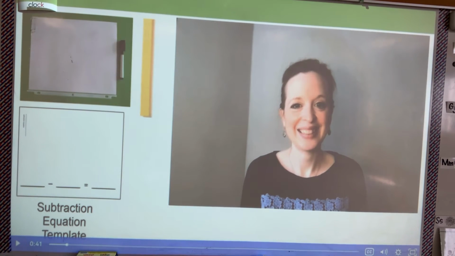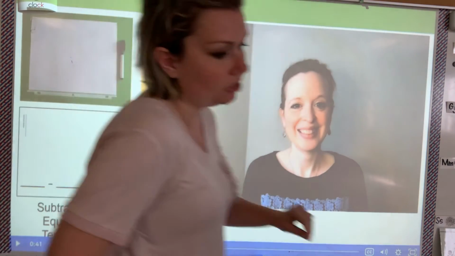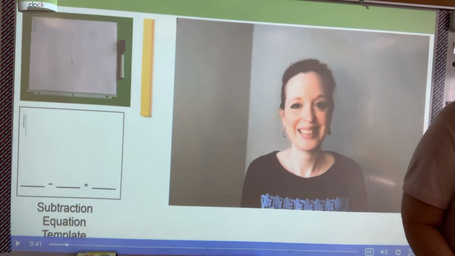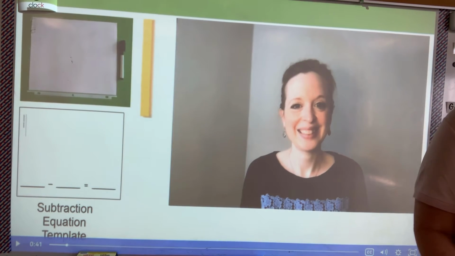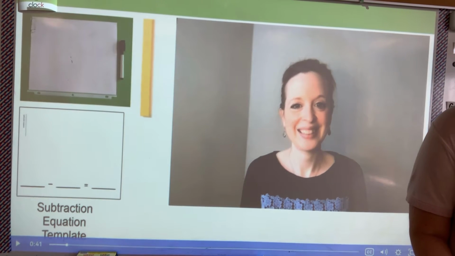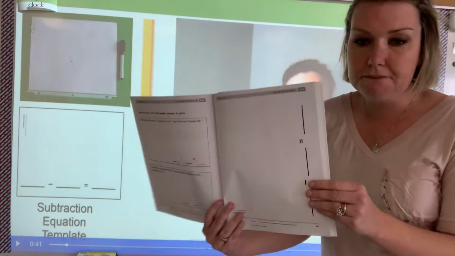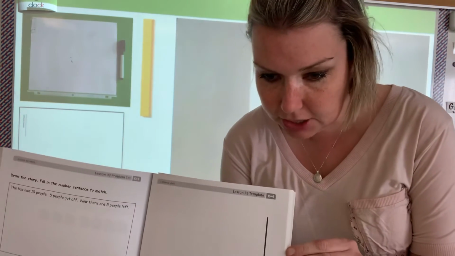Hang on, Carolyn. Mute your microphone. If you didn't tear this page out, I'll tell you what page it is. It's page 147, right here.